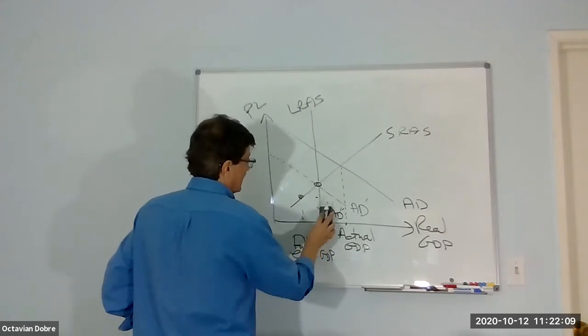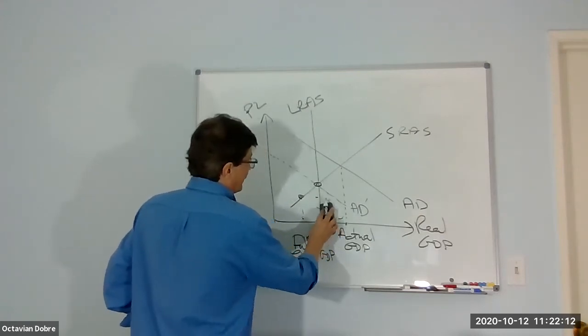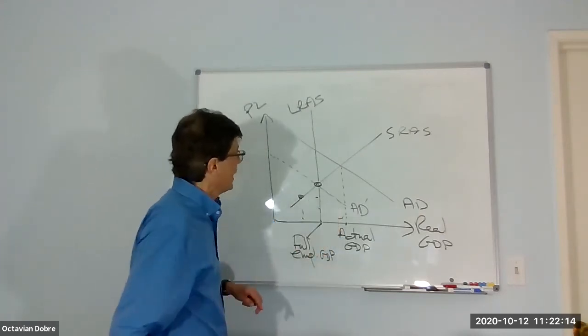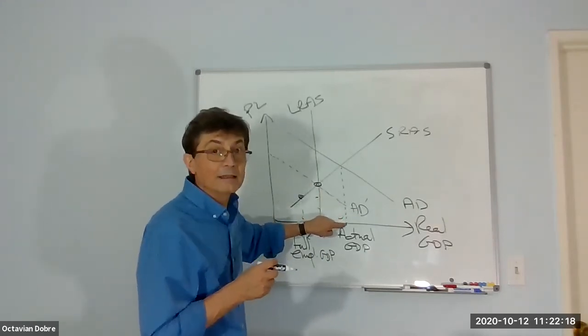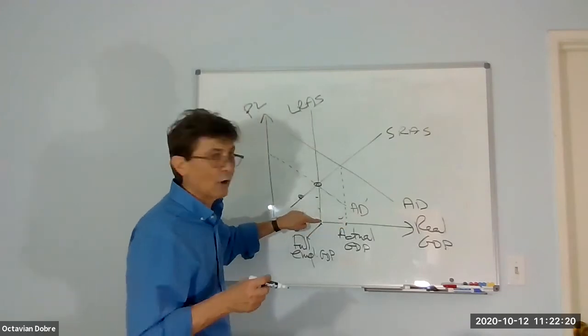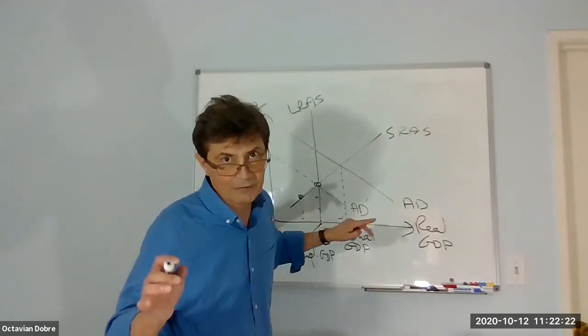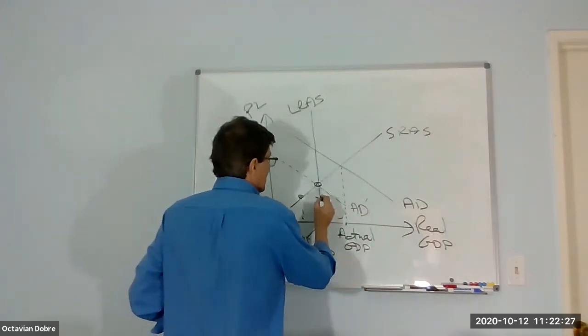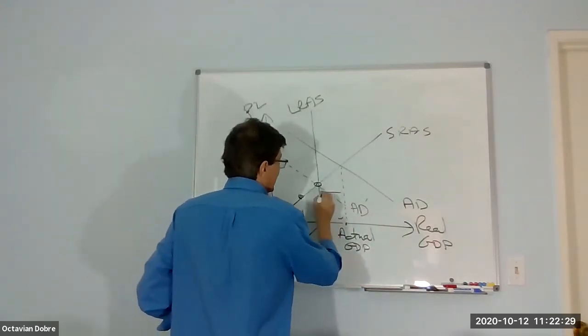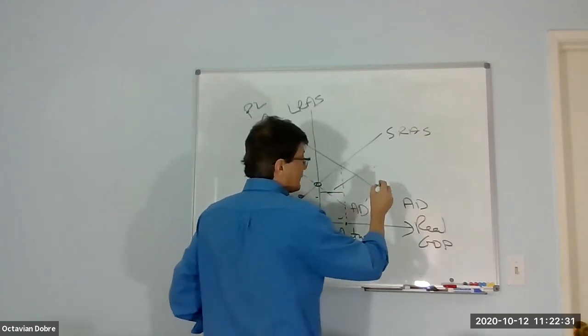Okay, folks, so let me just give you a name for this gap where the economy is operating beyond full employment. It's not going to happen very often, so we don't have to worry about it. But this gap here is called an inflationary gap.